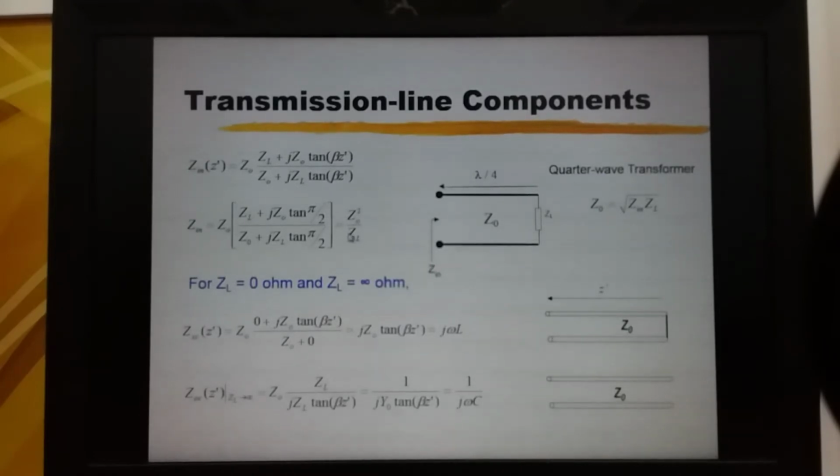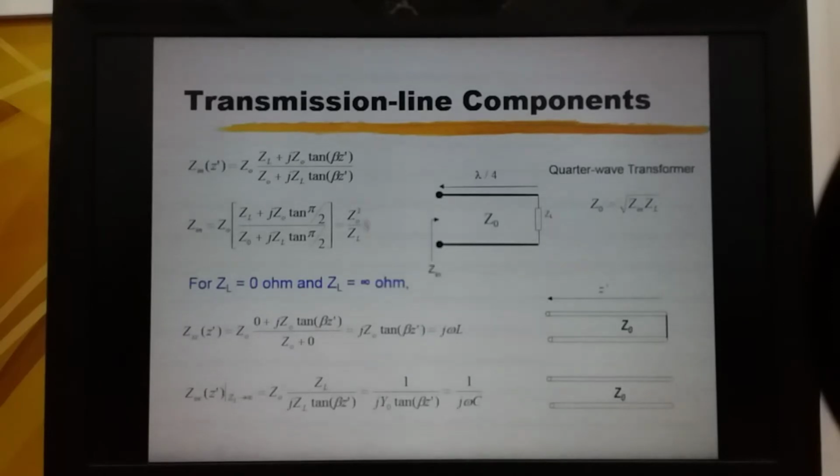In this case, we see that the impedance ZL is not only inverted, it can be transformed to another value, Zin. The value of Zin that we want can be controlled by controlling Z0.